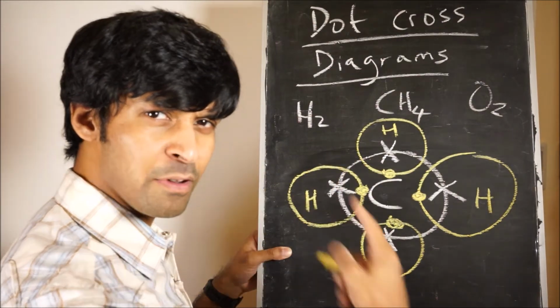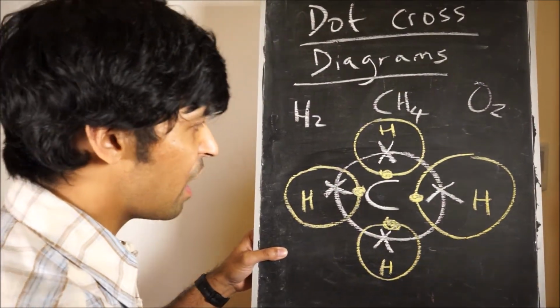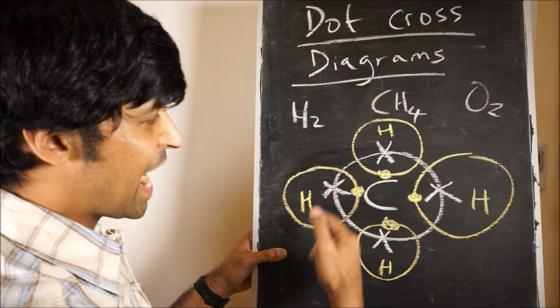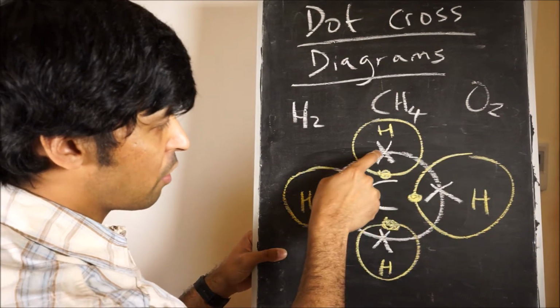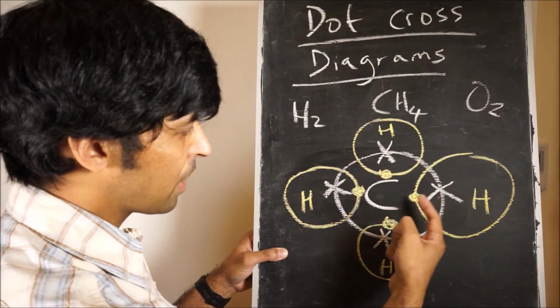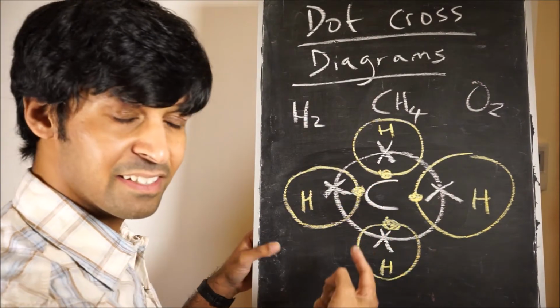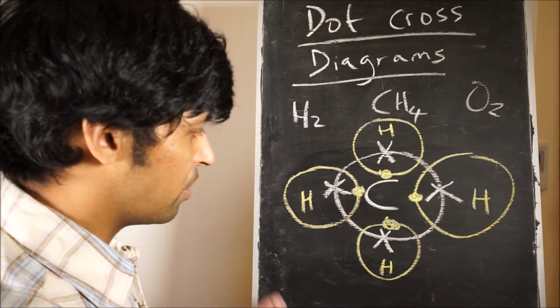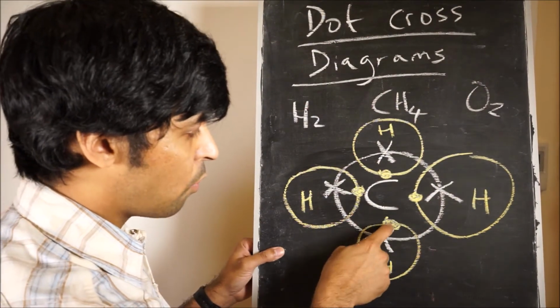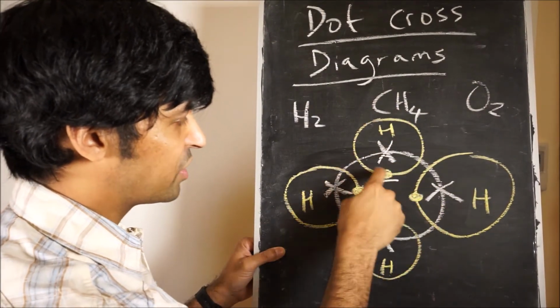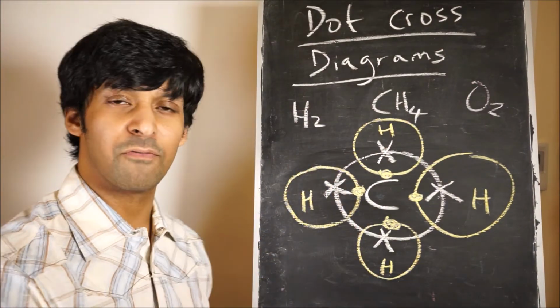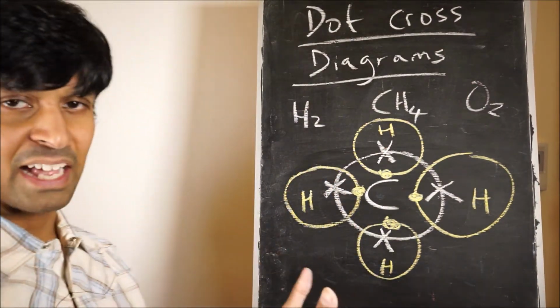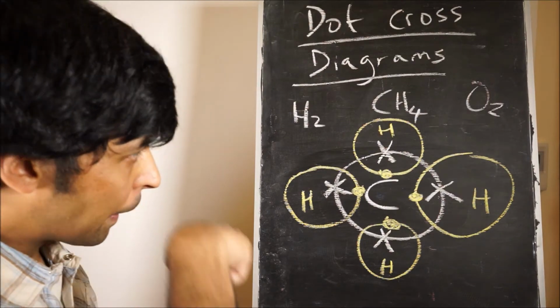And remember, the carbon wants to share it. Okay, so now, if you have a look at the carbon atom itself, on the outside you've got 1, 2, 3, 4, 5, 6, 7, 8. Okay, so it fulfills having 8 electrons. You look at the hydrogen, 1, 2, 1, 2, 1, 2, 1, 2. So they've all got full shells now. That's stable, that's good. Okay?